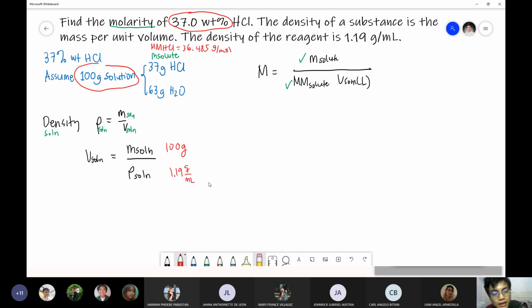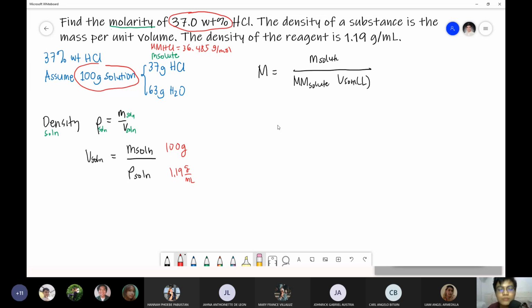Okay? Yan. Should I solve for this separately? Actually, pwede mo na i-plug in yan doon. The reason I want you to plug in as many equations as possible is that when we solve for them separately, nagra-round off tayo eh.